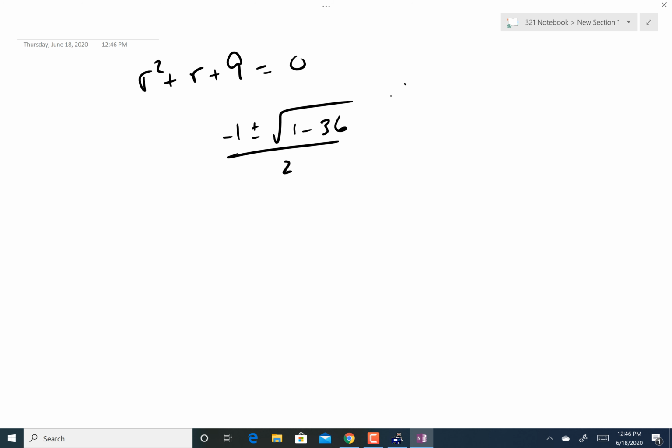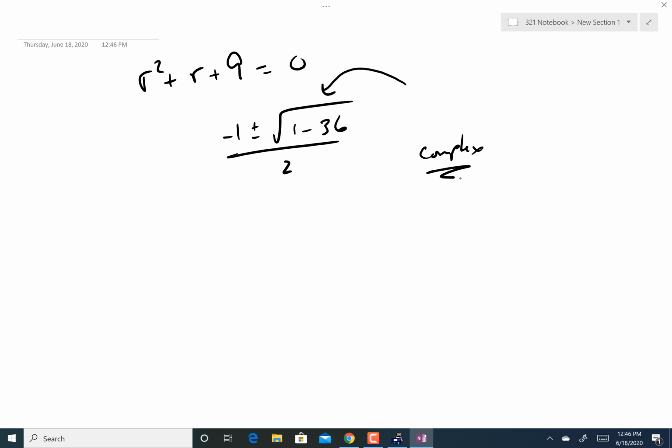Pretty straightforward. In section 3.1, they don't even talk about it. It's later on, so we'll talk about it in a few chapters. But notice that if you did this, negative 1 plus or minus the square root of 1 minus 36 all over 2, this is going to give you complex roots.